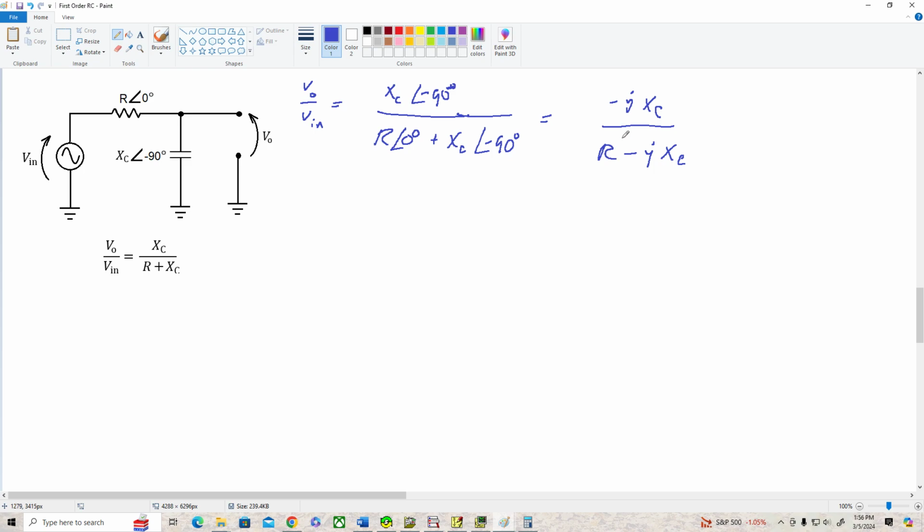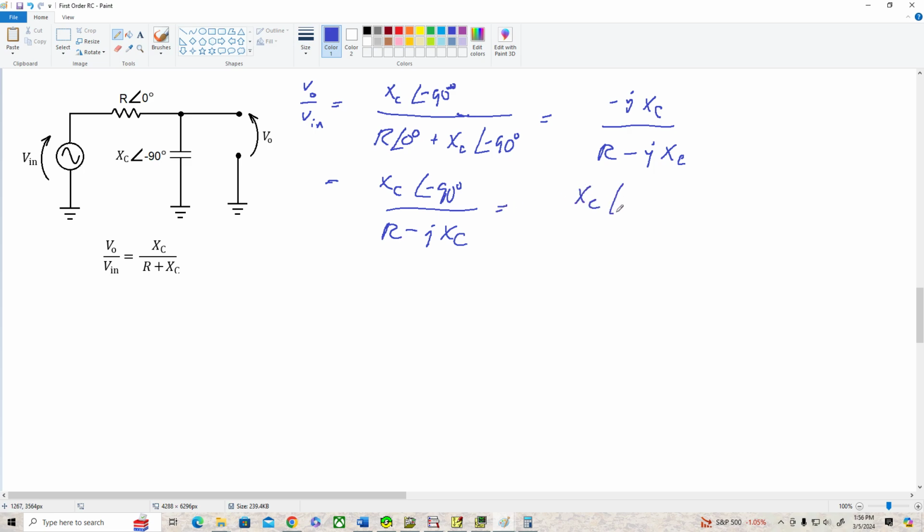Now what I'm going to do is substitute this denominator over in this form, which gives me X sub C at negative 90 degrees over R minus j X sub C. I'm going to find the magnitude and phase angle of the denominator.